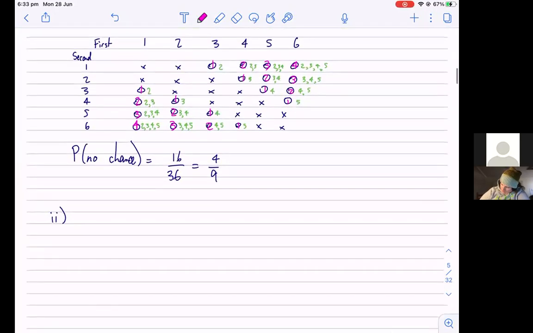So options to win was 10, 6, 4, 4, 6, 10. So 40 to win.